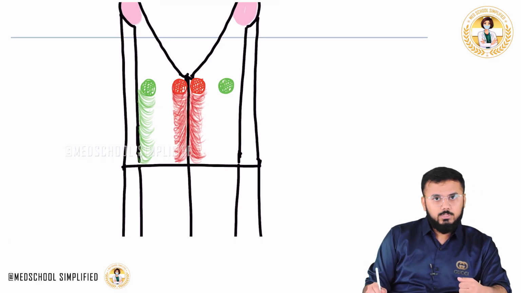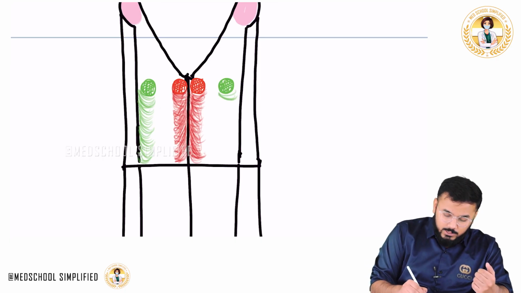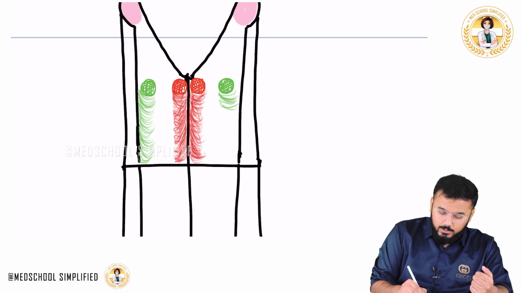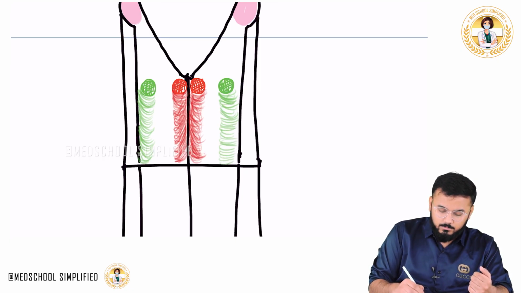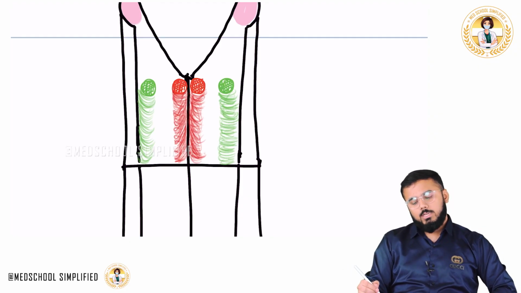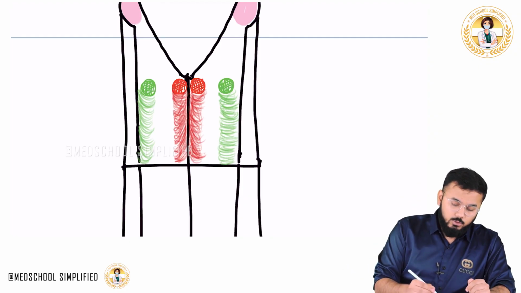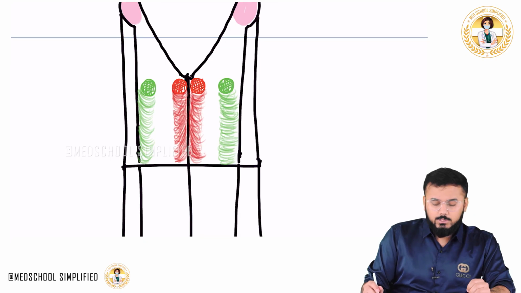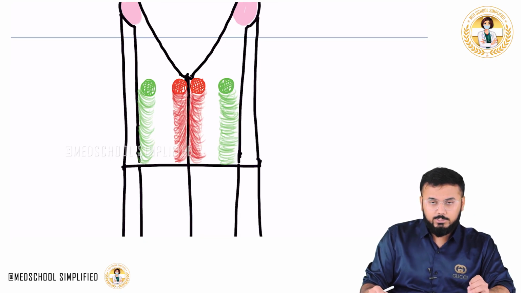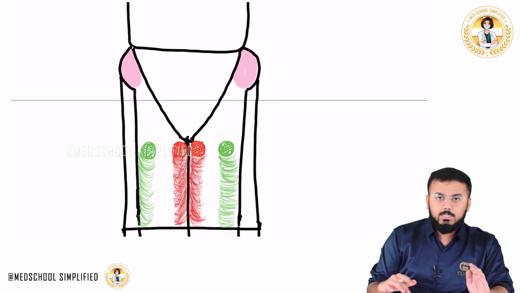So one is called fasciculus gracilis, and this is called fasciculus cuneatus. So two important structures over here: fasciculus gracilis and fasciculus cuneatus. I'll label these names later on.